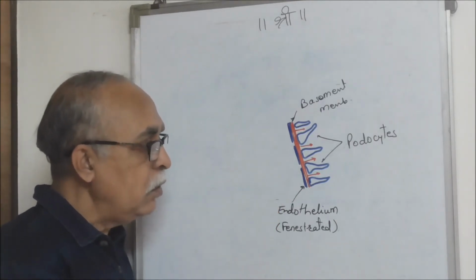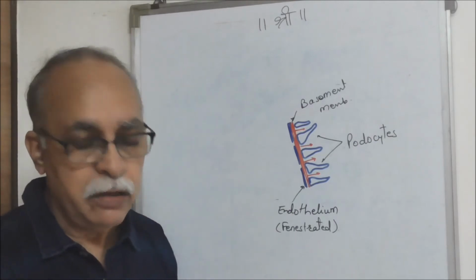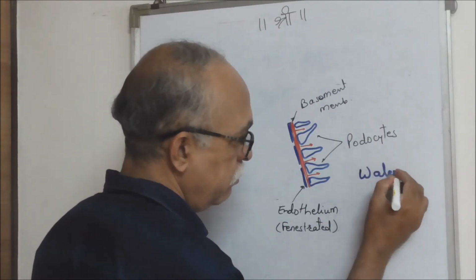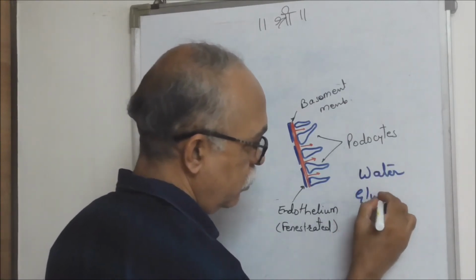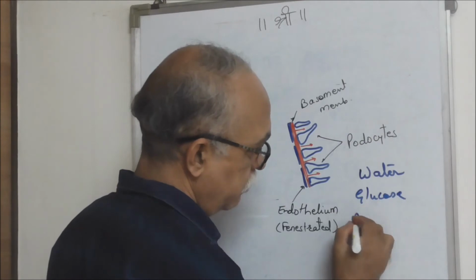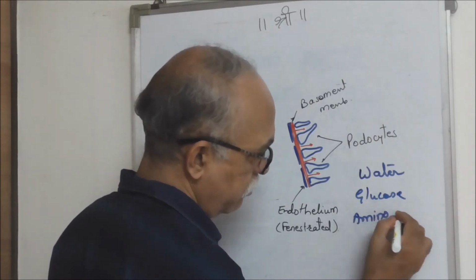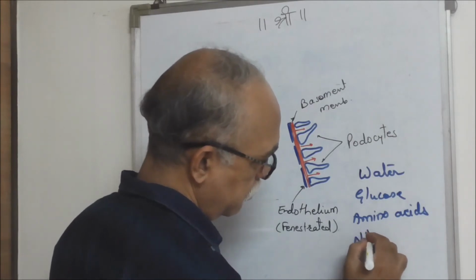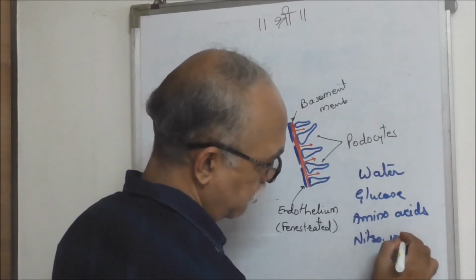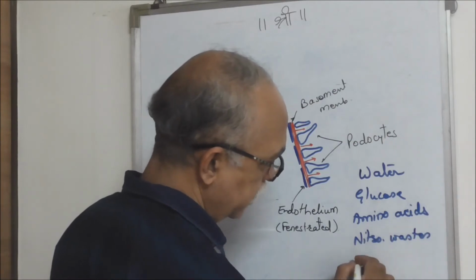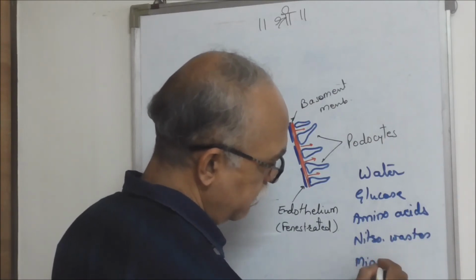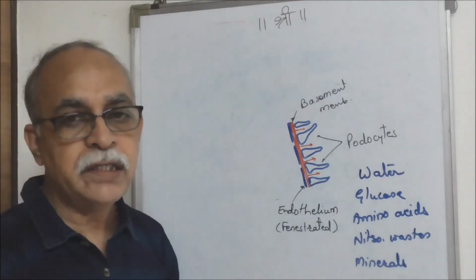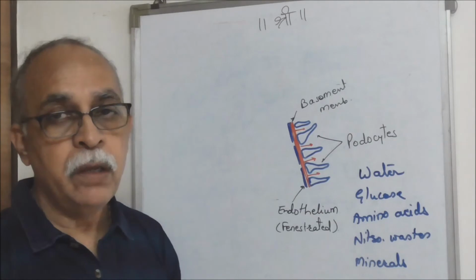But still, almost everything in plasma, that will include water, glucose, amino acids, nitrogenous waste, and basically minerals, all these are going to be filtered out.